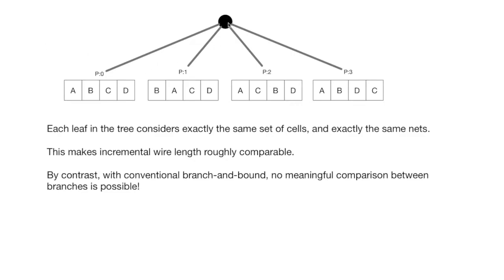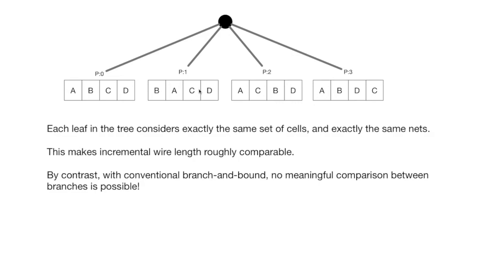Here again, we've got a root node. We're expanding the graph out in breadth first manner. This vertex in our tree is a complete placement of cells A, B, C, and D. This vertex here is B, A, C, D. It is the same set of cells and the same set of connected nets.